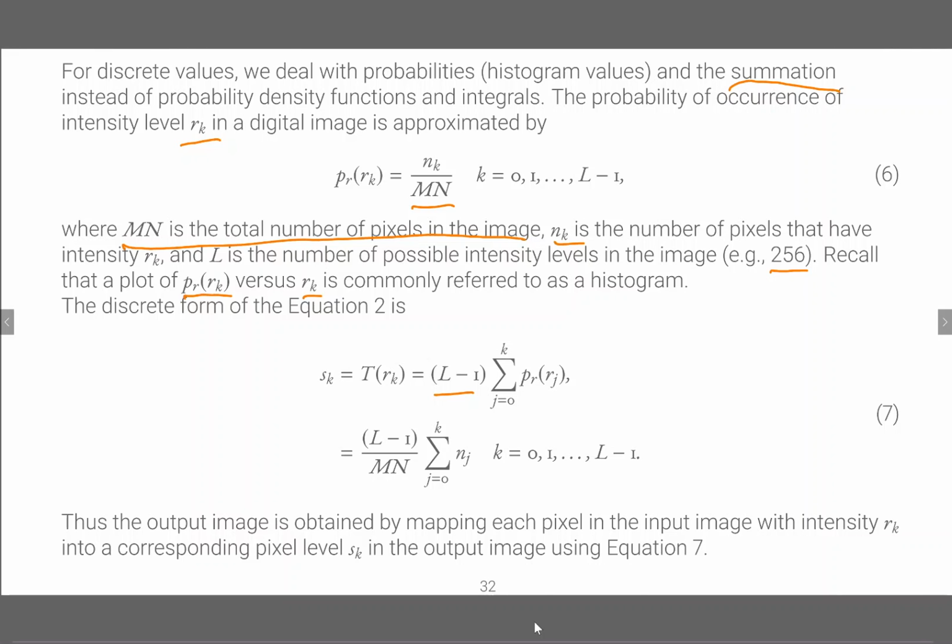If you want to instead put n_j, you have to divide by MN and put summation n_j. Thus the output image is obtained by mapping each pixel in the input image with intensity r_k into a corresponding pixel level s_k in the output image using this equation. So this is just summing the histogram. This is actually the CDF.